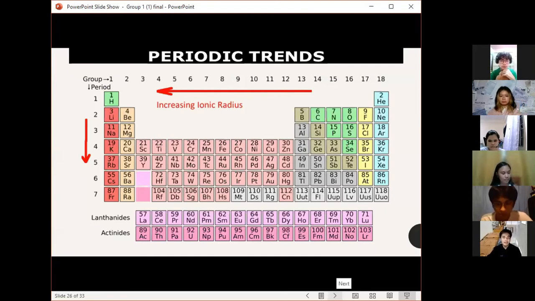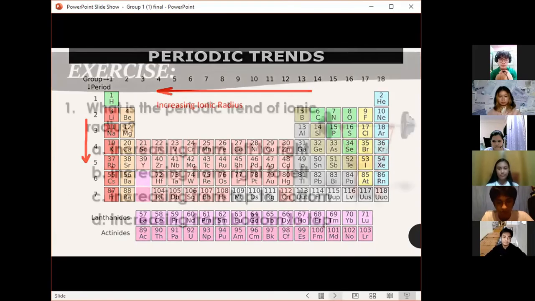The ionic radius of phosphorus ion is 195 picometer, sulfur ion is 184 picometer, and chlorine ion is 181 picometer. So, as we observe, the ionic radius of atoms decreases from left to right due to the increase of atomic number, while the number of shells remains constant because they are all in the same period.